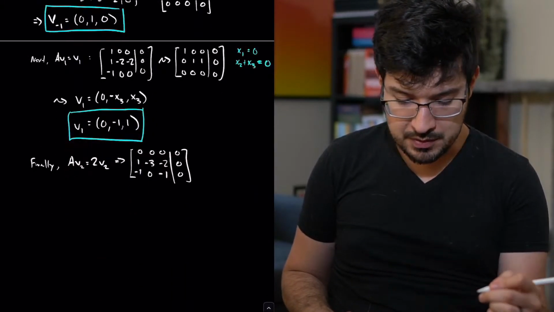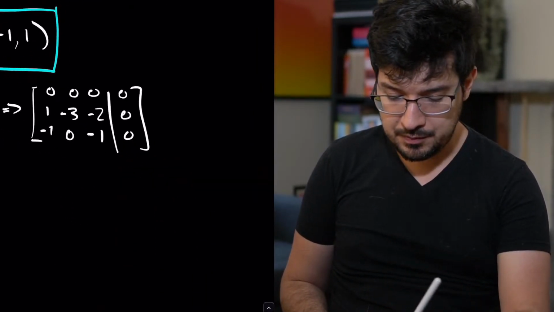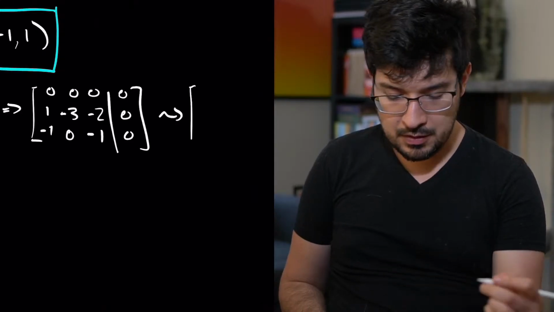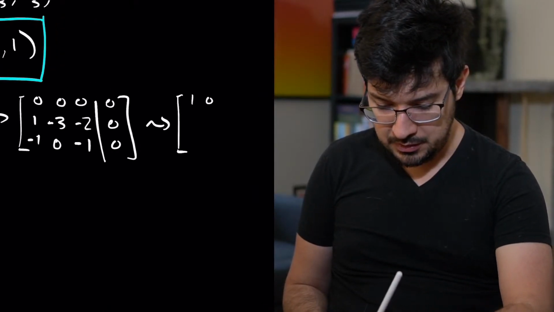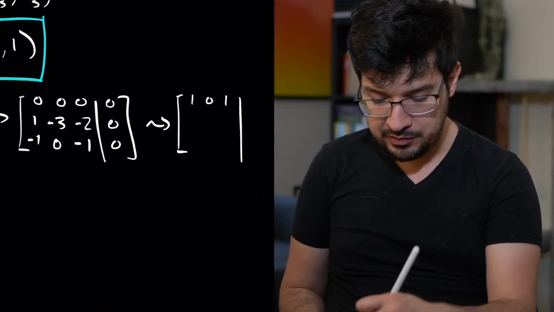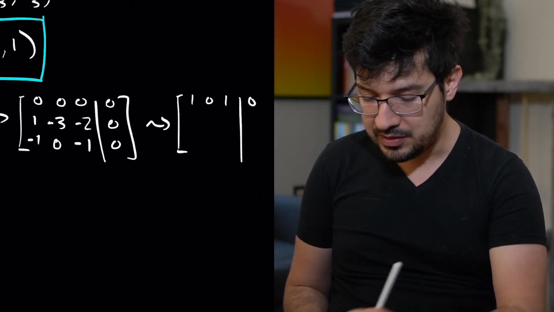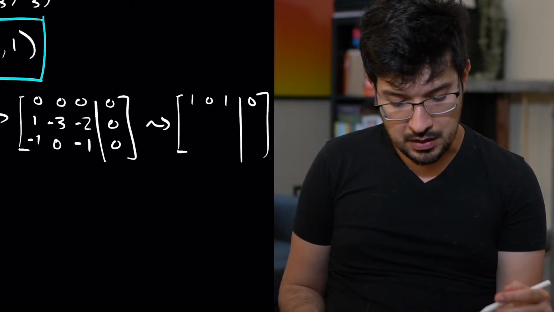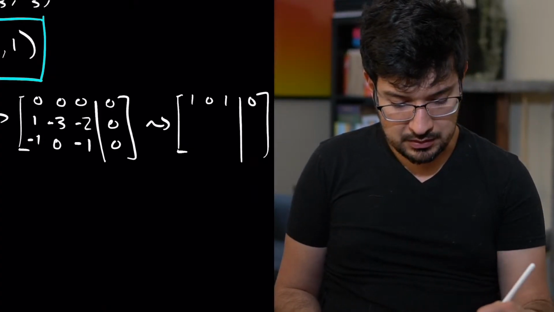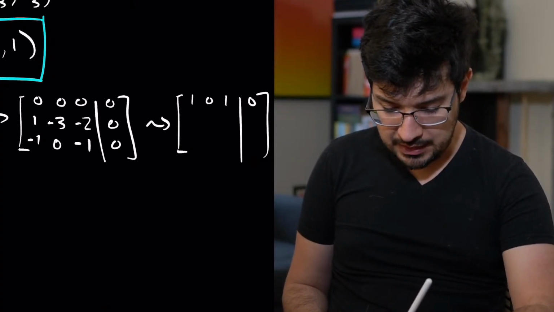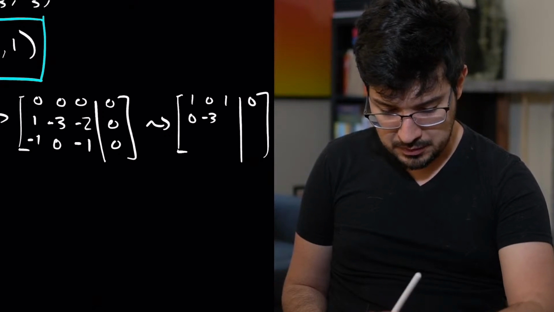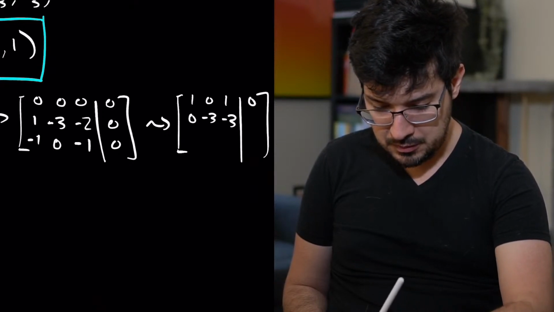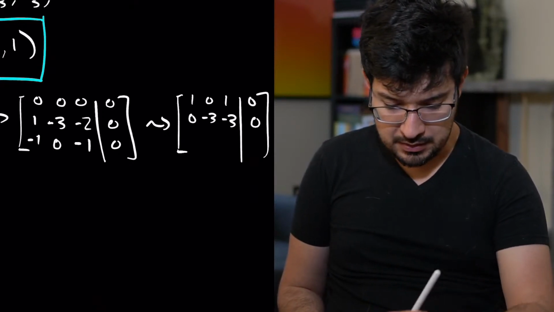Okay, this one's a little bit more interesting to me. So rearranging, x plus z equals 0. I can combine that with a second equation to get that.